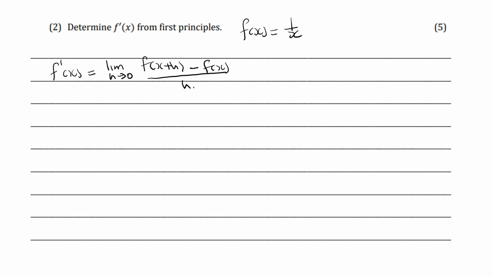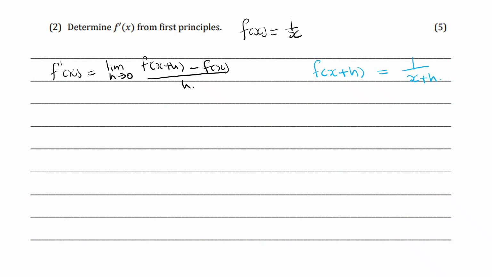So now the most important thing that we need to do first is to find our f of x plus h. Meaning that on the original equation where there's x, we put x plus h. This will give us 1 all over x plus h.